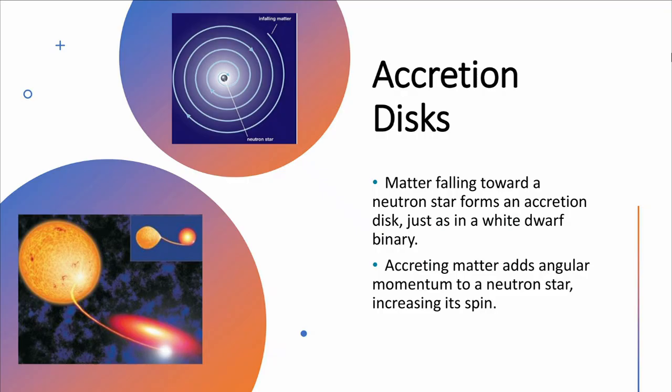We said that the rotation rate of a neutron star is very stable, and we actually use these for some very interesting physics that maybe we'll talk about at the end of the semester using pulsar timing arrays. But if you get material rotating around the neutron star in the same direction, then you can actually increase the spin rate of your neutron star.